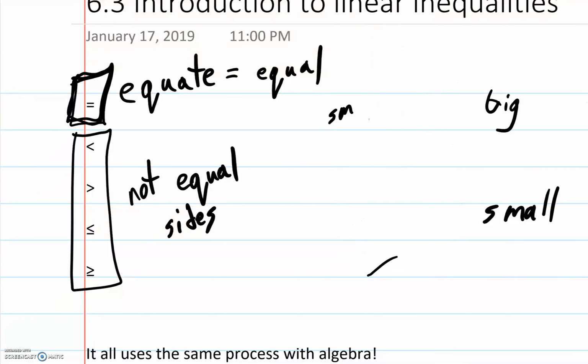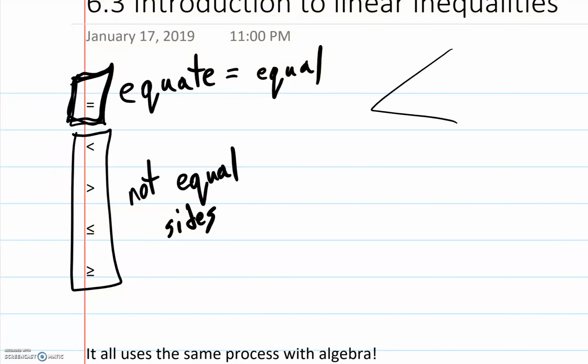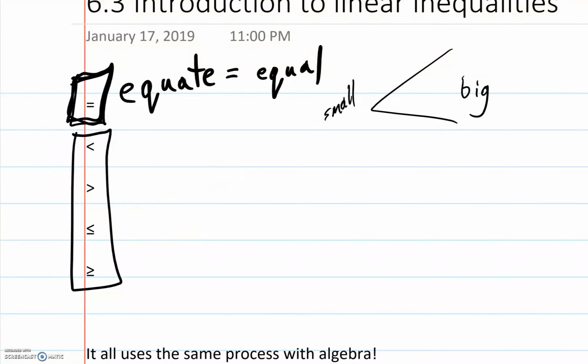So we have this so far: small, big. And we said these are not equal, so they're inequalities.